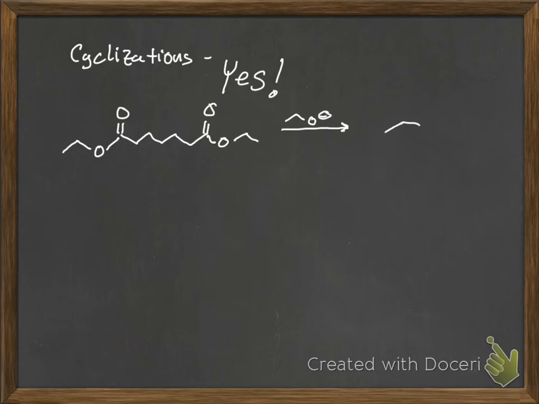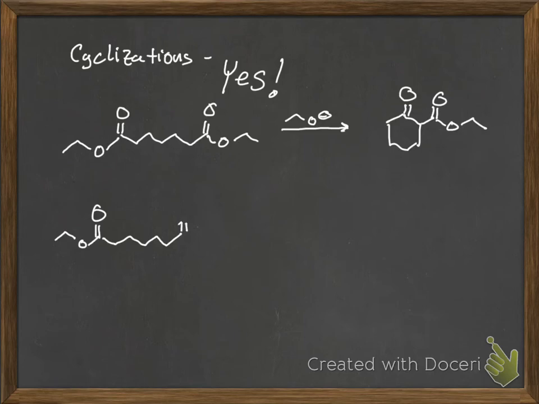Your product would look... That is the lamest six-membered ring I have ever drawn. Let's try that again. Slightly better, although not a whole lot. There. Now, let's examine how that happens. Two, three, four, five, six.